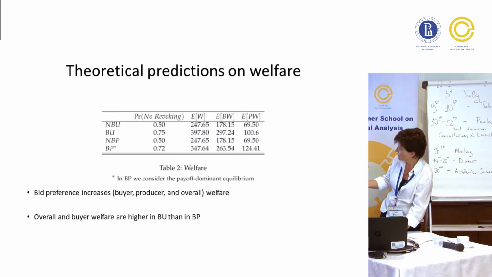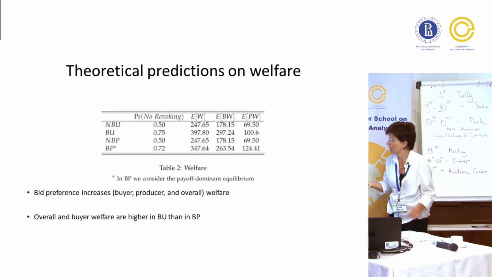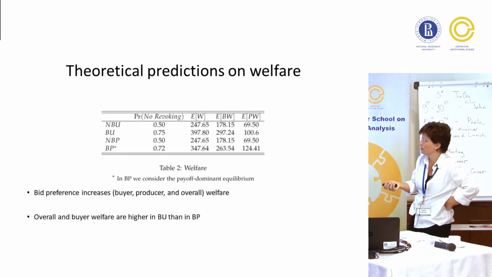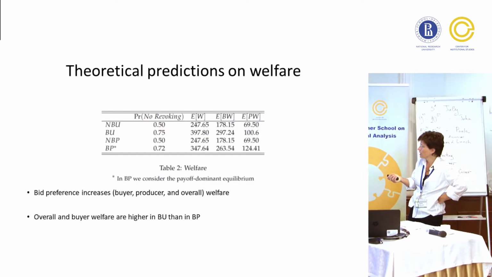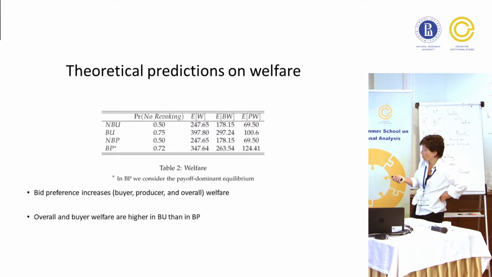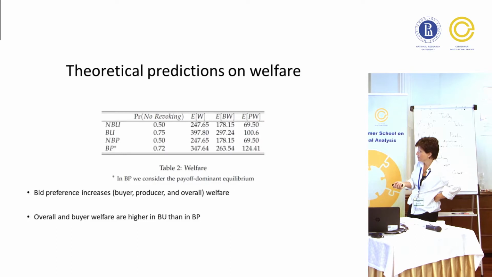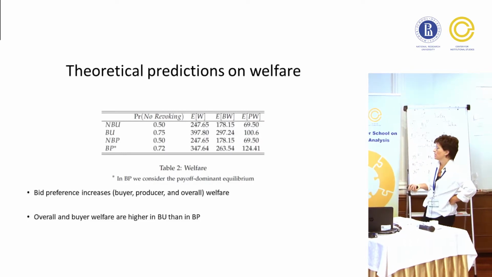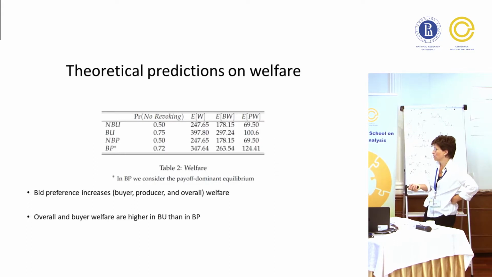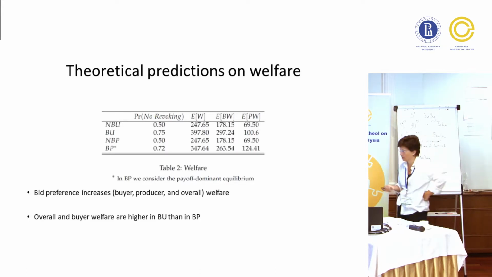So the total welfare is just the sum of the two, as you can see. And what we can see as a theoretical prediction is that the bid preference increases the buyer, the producer, and the overall welfare. And having a comparison between treatments, we can see that the overall and buyer welfare are higher in the treatment in which you have the bid preference.